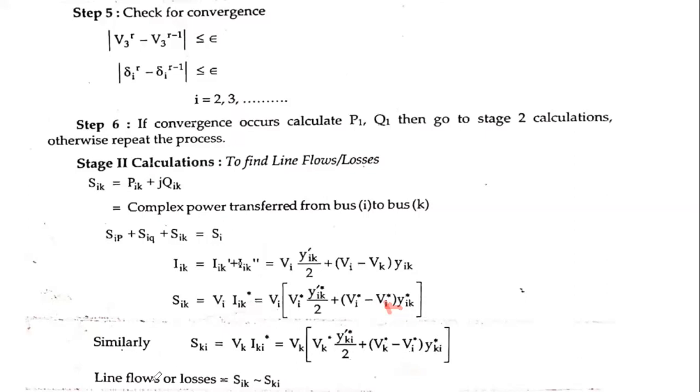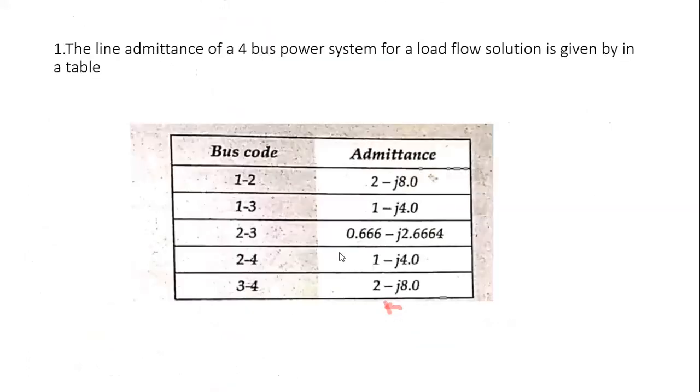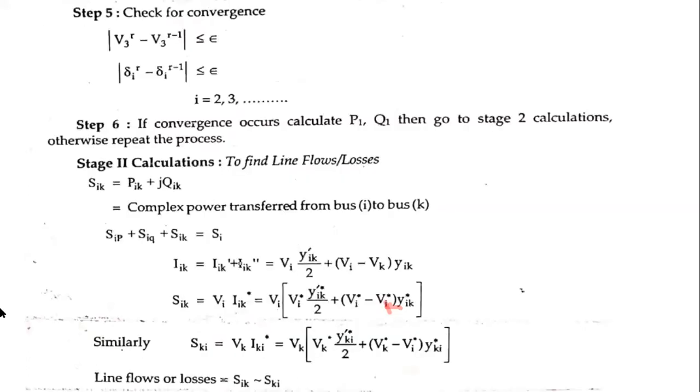Then the line flows and losses are given by Sik plus Ski.